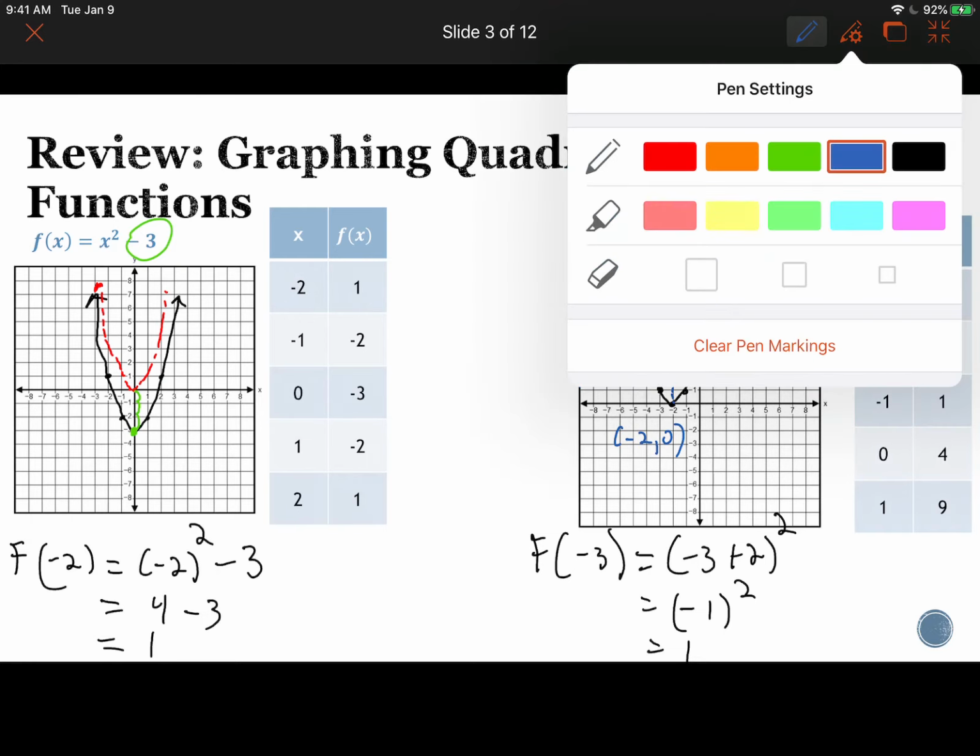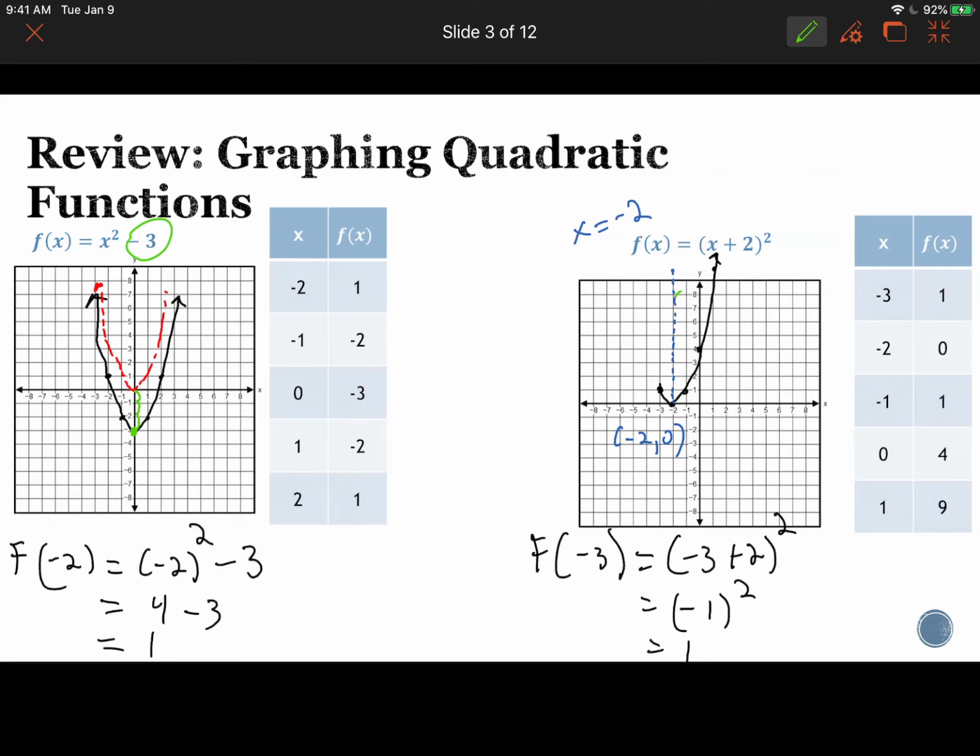Knowing that the point is 3 units to the right, I could then use the information that I know about symmetry to get my last point. If I move 3 units to the right, I must move 3 units to the left. And now I can complete my graph.